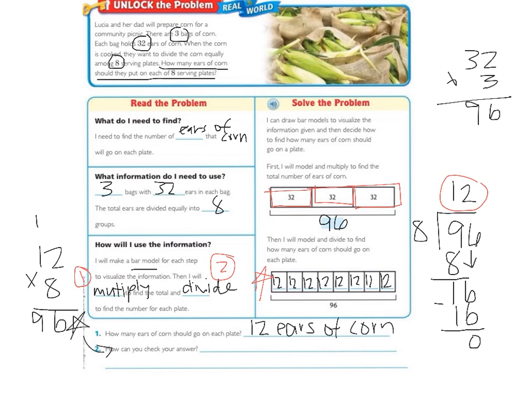So we could check our answer by multiplying the quotient and the divisor.